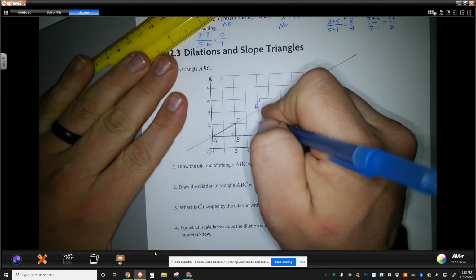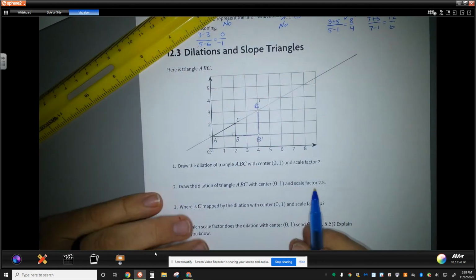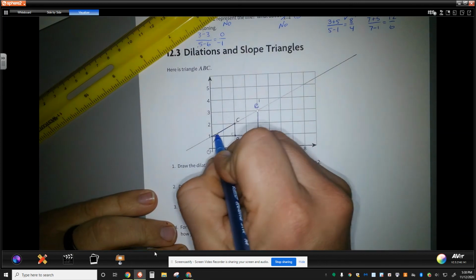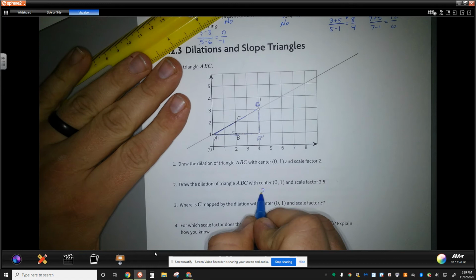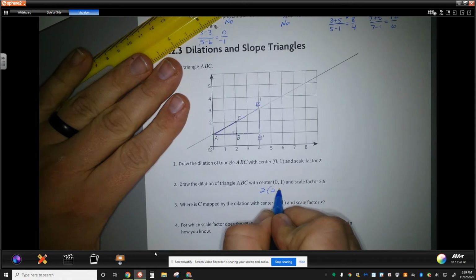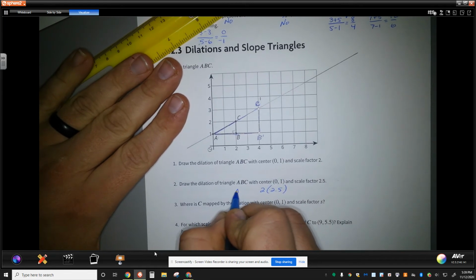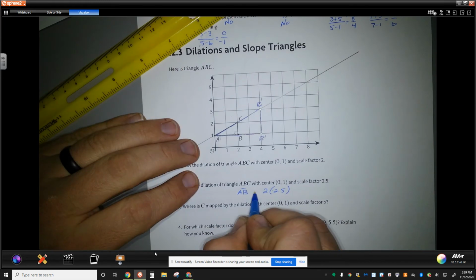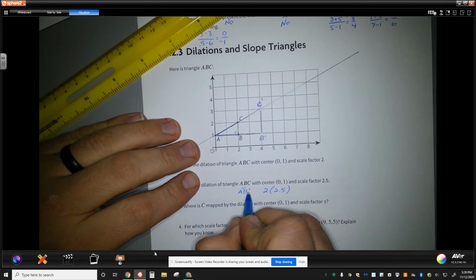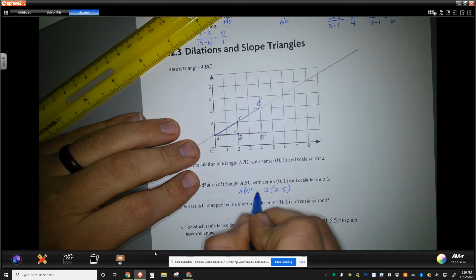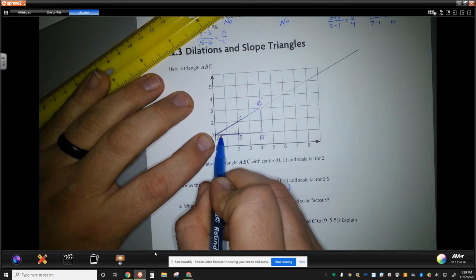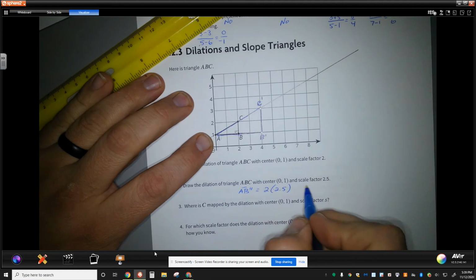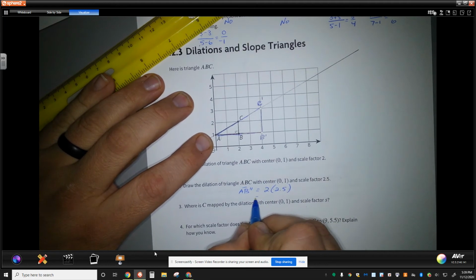So let's go ahead and try this one. Scale factor of 2.5. Well, if my triangle, when we're talking 2.5, if we look at this one, 2 times 2.5, when we're talking about the distance of AB, we know that AB prime, we'll call it double prime, because the new spot is going to be twice, or 2.5 times longer than 2 units here, is going to be 5 units.